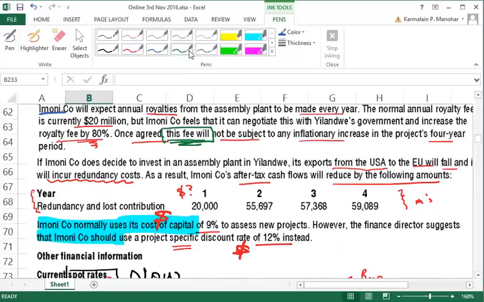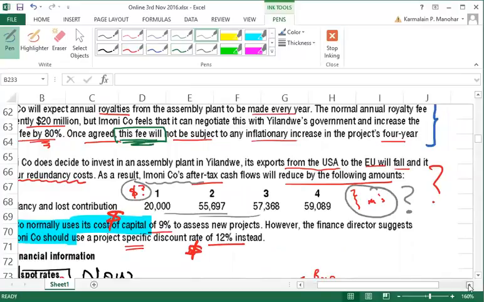So we know it's M-money, so it should be a value in dollars. We still don't have the currency, but we could safely assume that it's dollars because it's M-money. But my next question is, is it in millions? Or are these individual dollars? Or thousands of dollars? Which dollars is it, Anita?